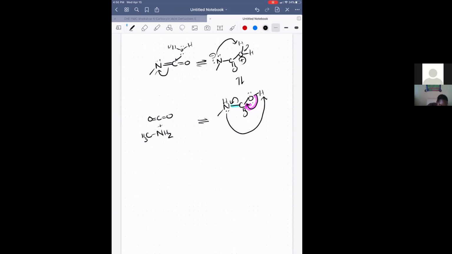This step is where we hydrate our isocyanate, and then this last step here is decarboxylation. All right, cool, awesome. Any questions?